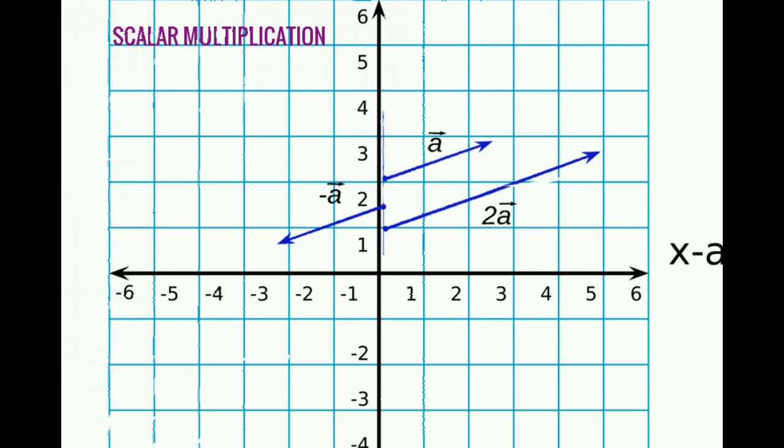When you represent it in a Cartesian plane, here you can see A going in one direction, and 2A, another vector in the same direction. So the vector is multiplied by the scalar 2, scalar multiplication. Now there is another vector, the same length as A but going in the opposite direction. This is minus A.